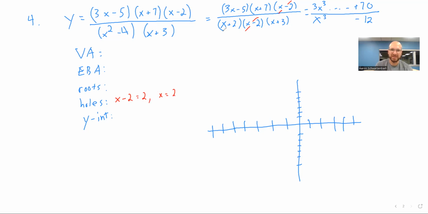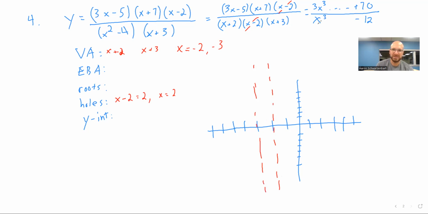The rest of my denominators, x plus 2 and x plus 3, give me zeros when x equals -2 and -3. I'll go ahead and plot those right on my graph. They're kind of close together.